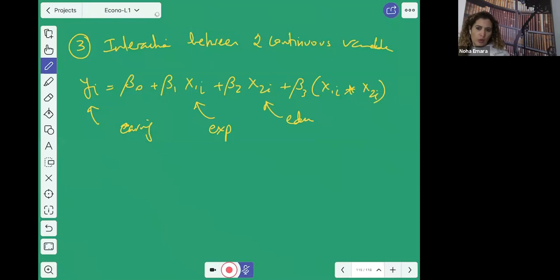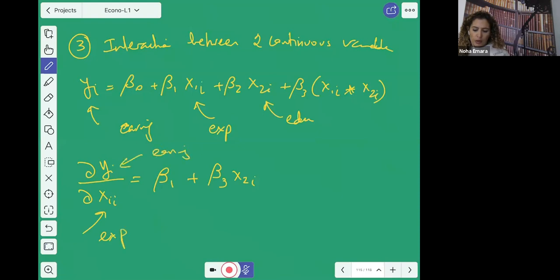I can easily do a first derivative. So what's the first derivative of this equation with respect to experience? It's going to be equal to beta 1 plus beta 3 x2i.